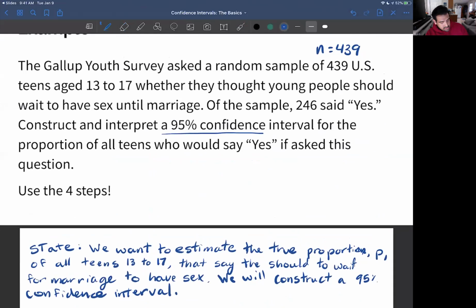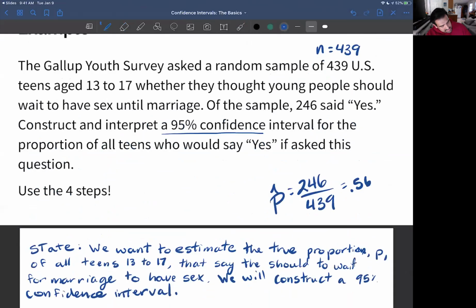We know that there are 246 out of the 439. Let me plug that into our calculator. We're given a proportion of 56%.